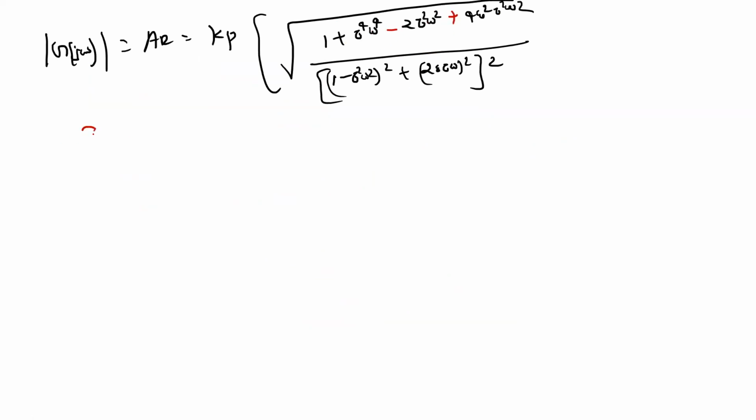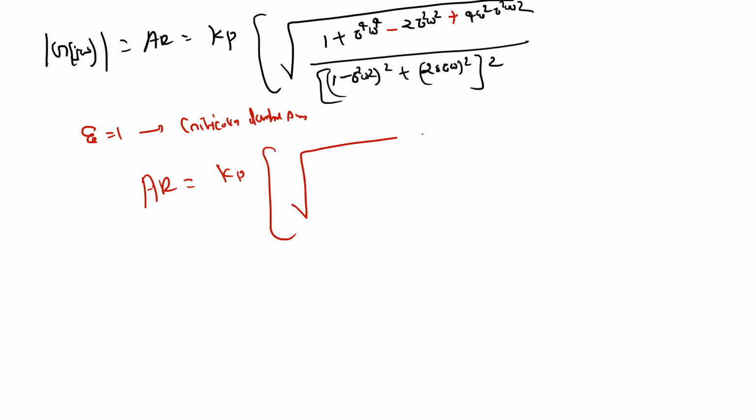Now, let's say your zeta is equals to 1. This is your critically damped system. So I'll substitute zeta equals to 1. Then what will we get? Your amplitude ratio is equals to Kp. And finally, if I substitute zeta equals to 1, what you will see is 1 plus tau square omega square minus 2 tau square omega square.